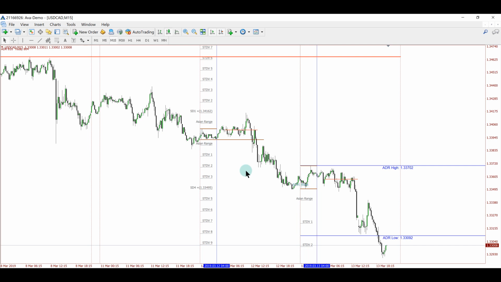But if you want to be a seller of weakness, again, use the Asian range, extend out in time, and if price breaks below it, once it breaks below it, it has to happen after 600 or European Open. That's the other filter.